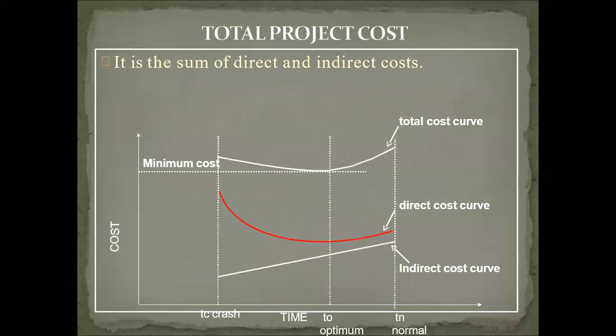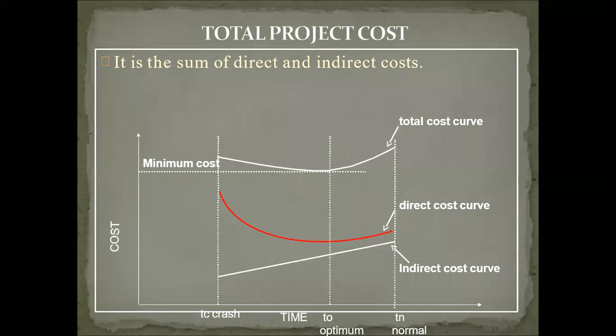And if you put this into a graphical presentation, it looks like this. On the x-axis is time and on the y-axis is cost. On the time scale there are 3 points: Tc, the crash time, then To, the optimum time, and Tn, the normal time.